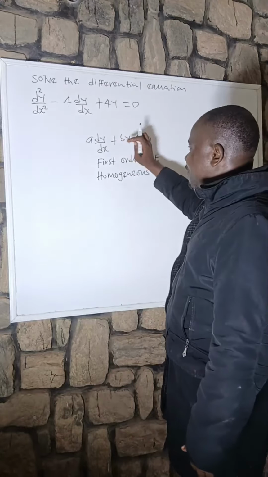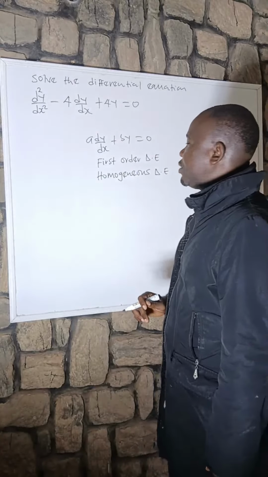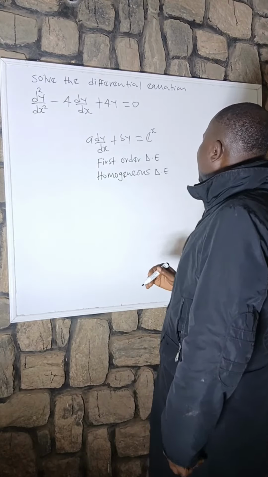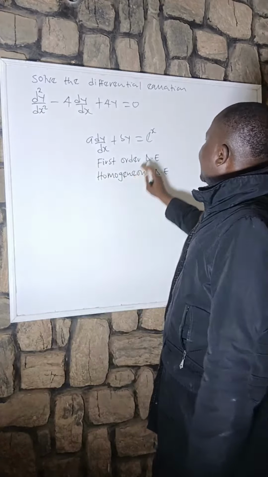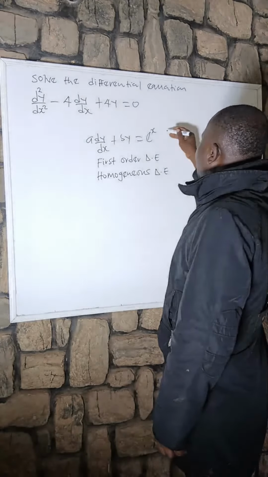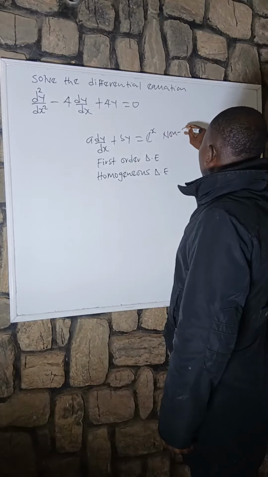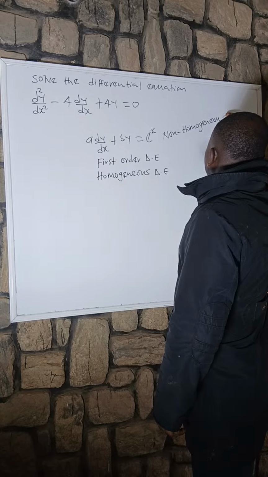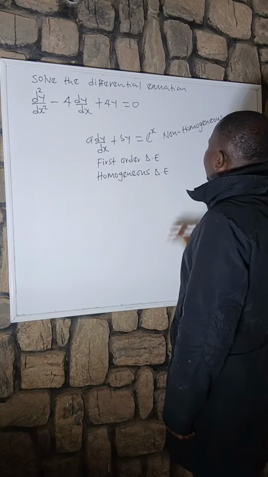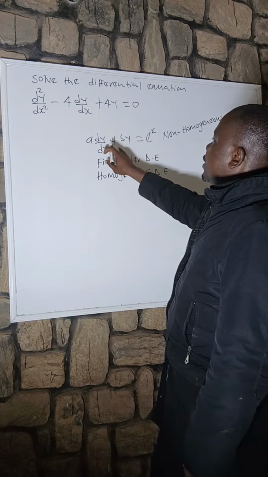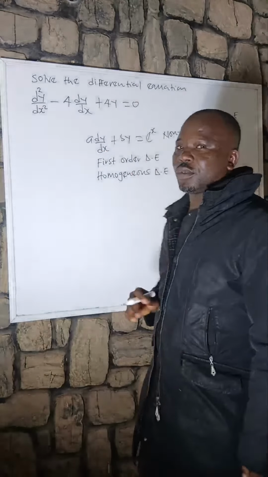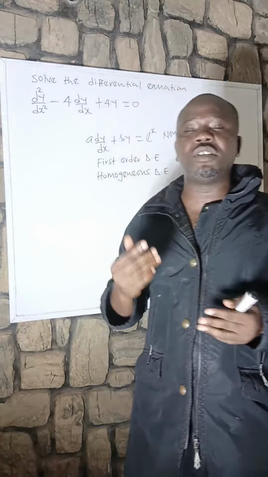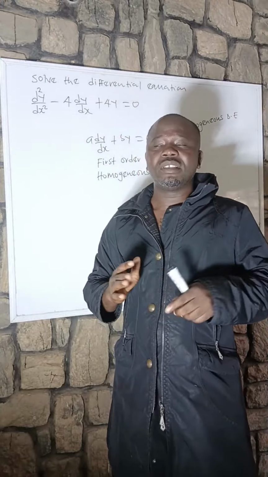That is the type. But assuming the right hand side is equal to exponential x, it can never be homogeneous. This will now be a non-homogeneous DE, differential equation. You can now see that it is not equal to 0, true or false. Can you see the difference between homogeneous and non-homogeneous differential equations?